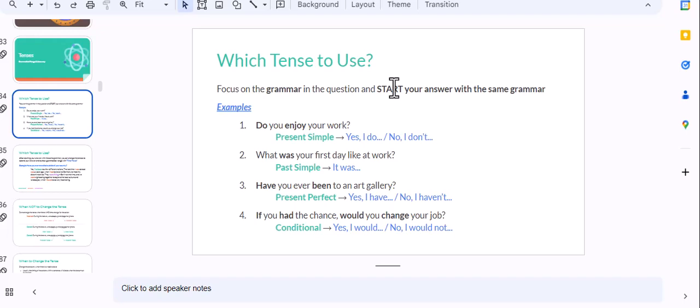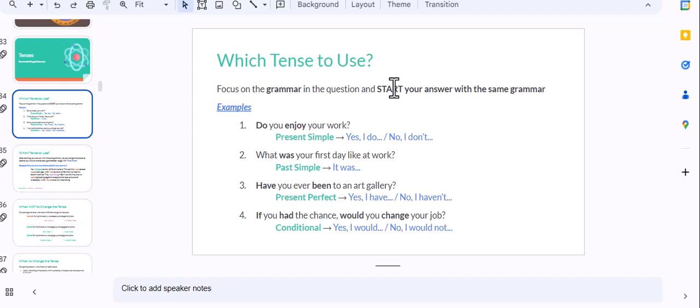In the speaking part of the IELTS exam, the easiest thing that you can do to know which tense you should use is to pay attention to the grammar in the question, and then simply start by answering using the same grammar.